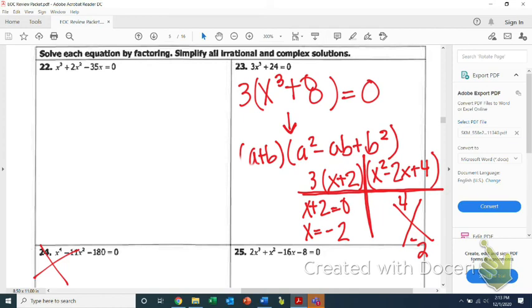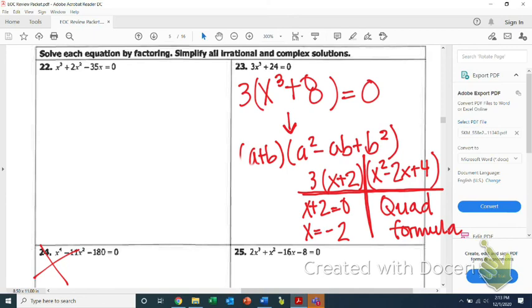You cannot do the big X here because there's not something that works out. So in this case, you would have to use the quadratic formula. Okay, you would have your solutions that way.